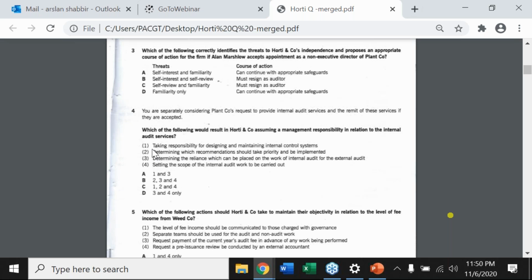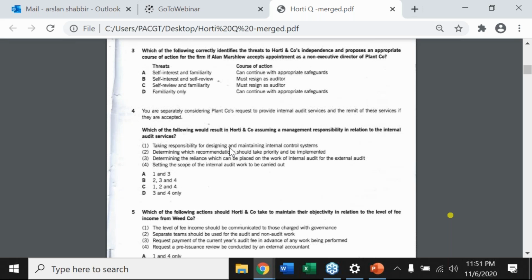Let's read the first requirement: taking responsibility for designing and maintaining internal control systems. If your audit firm is providing the internal audit services, this work should be done by the audit firm as the internal audit department. So option 1 is right.